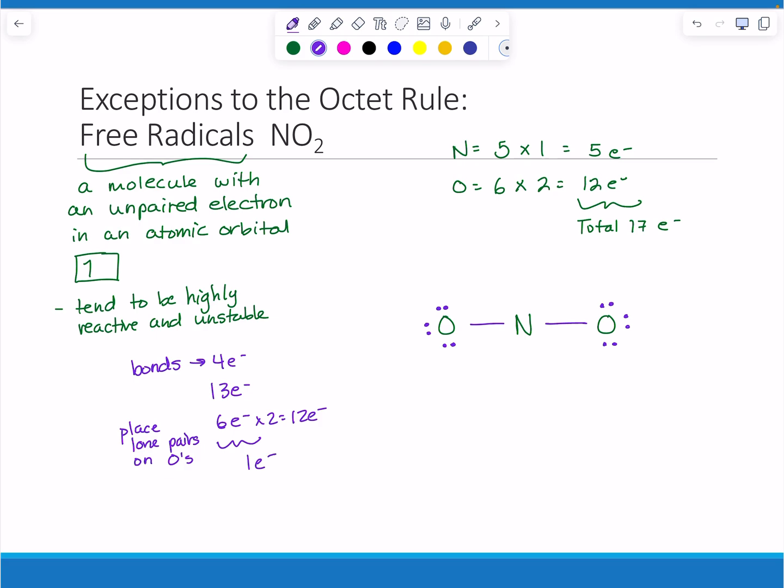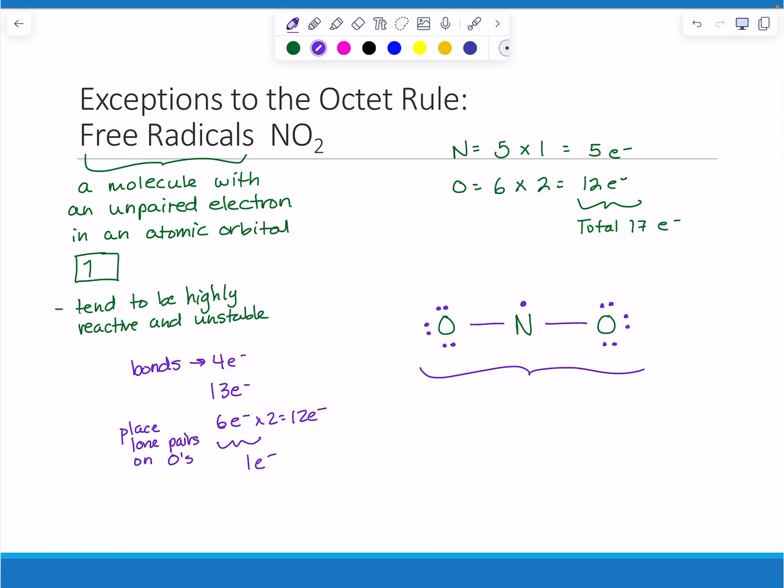So we're going to place that on the nitrogen, okay? But you'll notice that the nitrogen is still not following the octet rule, right? So we want to get as close to the octet rule as possible, okay? So we've got all of our electrons placed here, but we don't have nitrogen fulfilling the octet rule.